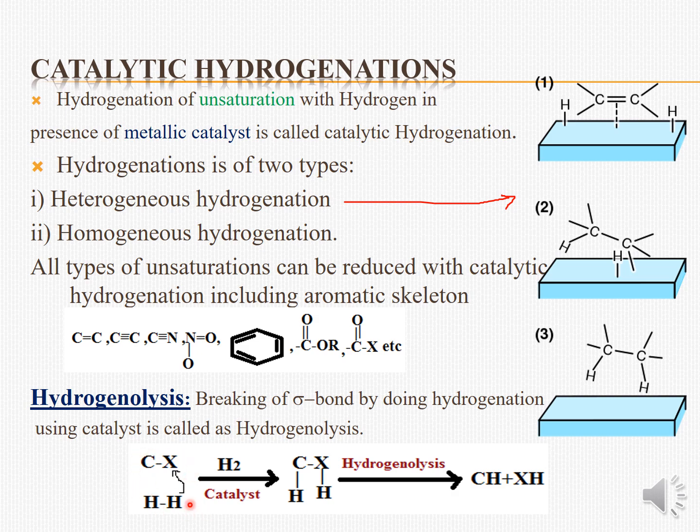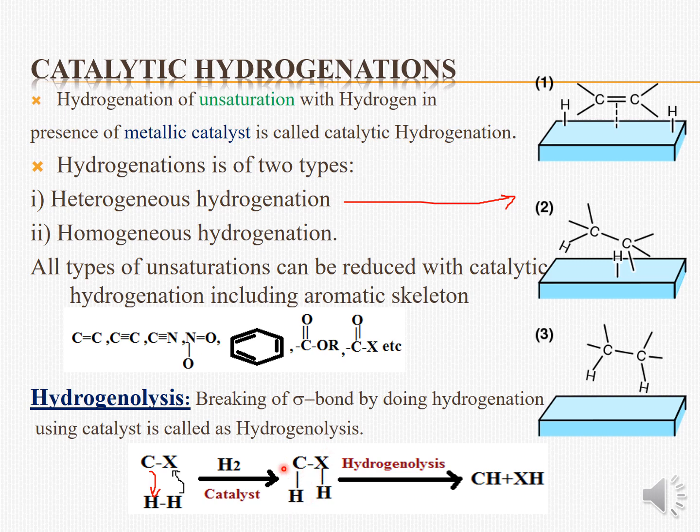So here is the reaction. If you are taking the C-X bond and then you are adding the hydrogen. Okay, so here what happens, this hydrogen will go and bind to the X, and here also this carbon will take the hydrogen from here.